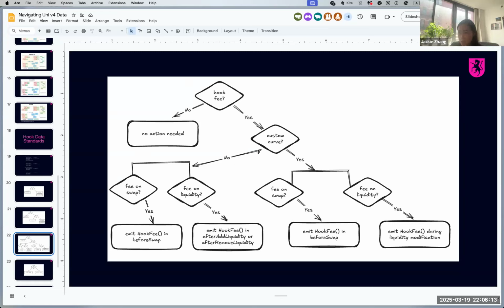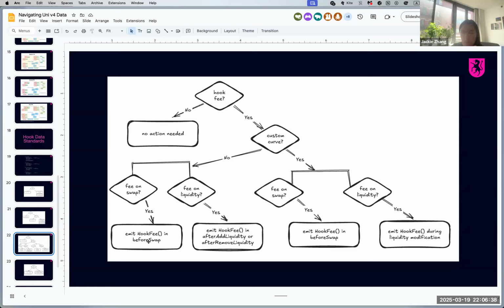Similar to async swap, custom curves will have a slightly different route than the regular swaps. But in either scenario, if you're charging a fee on swap, you should emit the hook fee event.